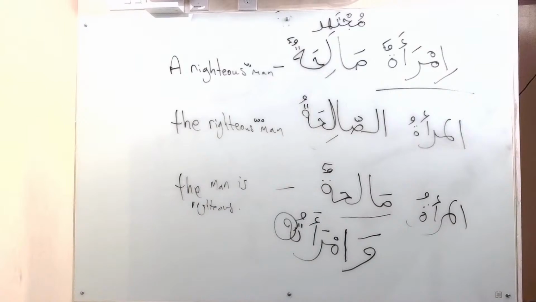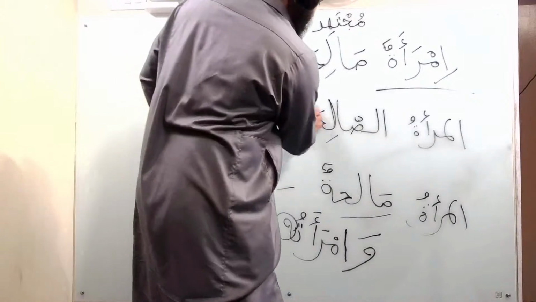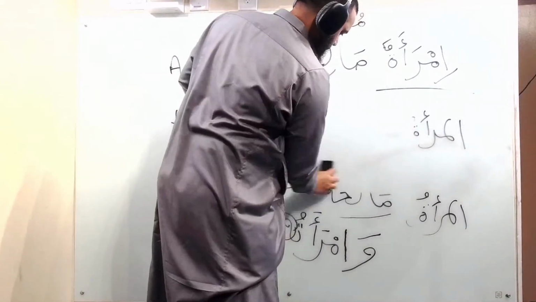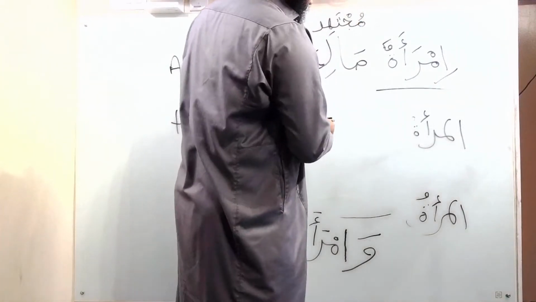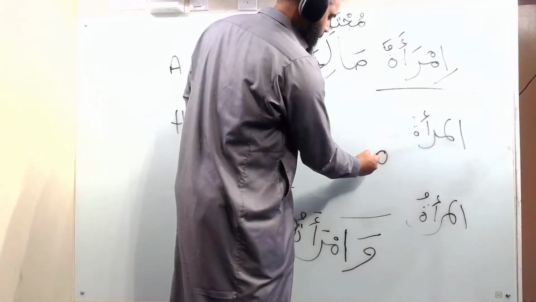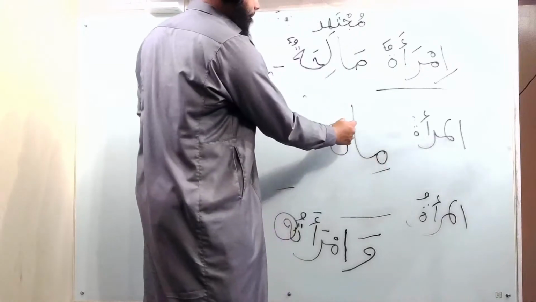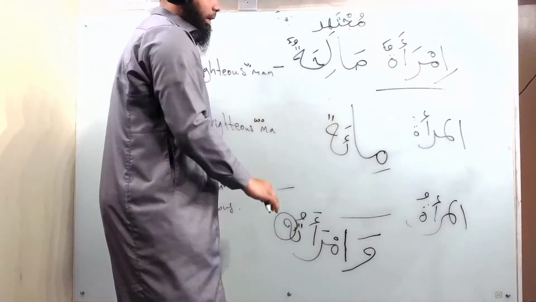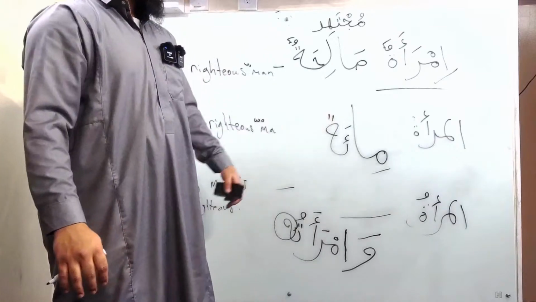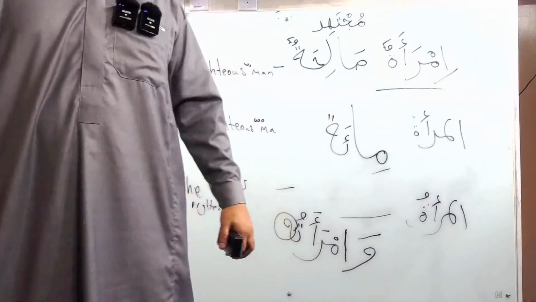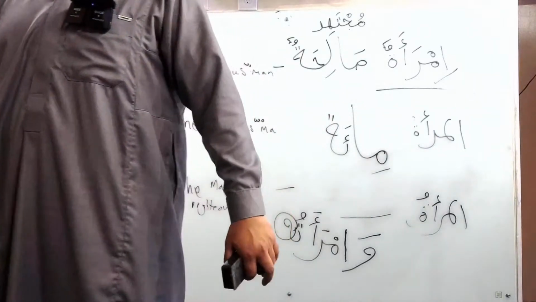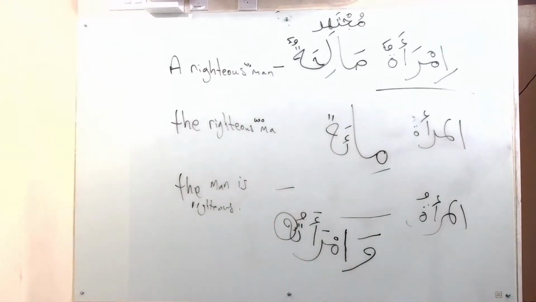Now mi'a, does everybody know how to write mi'a? How do you write mi'a? That's the classical way to write mi'a, with the alif, the official way.